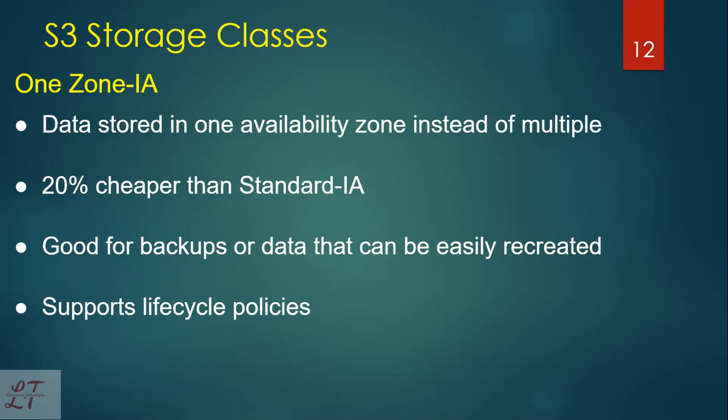In S3 Standard and S3 Standard IA, there are many availability zones, so if something happens to one, the data is secure in another. But one zone IA is much cheaper compared to Standard IA. You can use it as a secondary backup, and it also supports lifecycle policies.